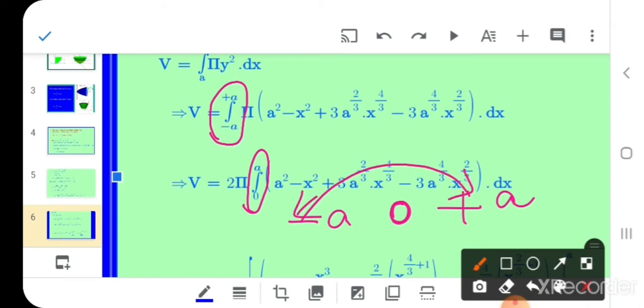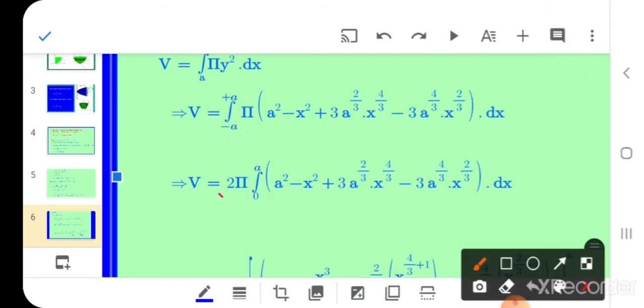Instead of that, I will find only from 0 to a, which means half. First I find only half the volume, then I double it. Is it clear? By taking limits from 0 to a, I get half, so I double that volume and we get the full volume.